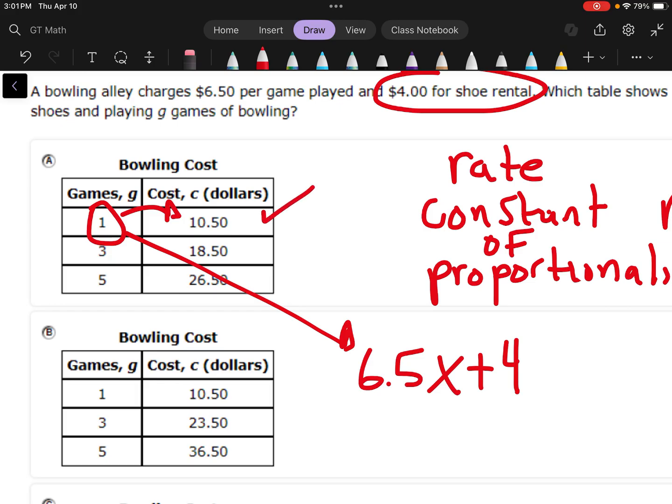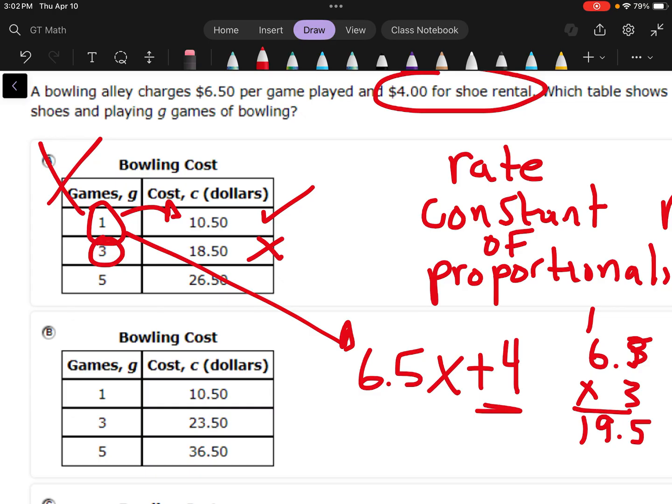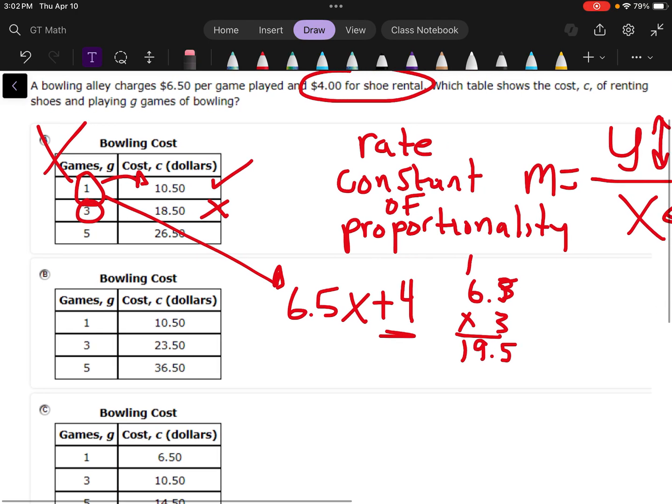Let's try another one, 3. 6.5 times 3 is $19.50, but I would also have to add that 4, and that is not going to give me $18.50. So now we know A is out.